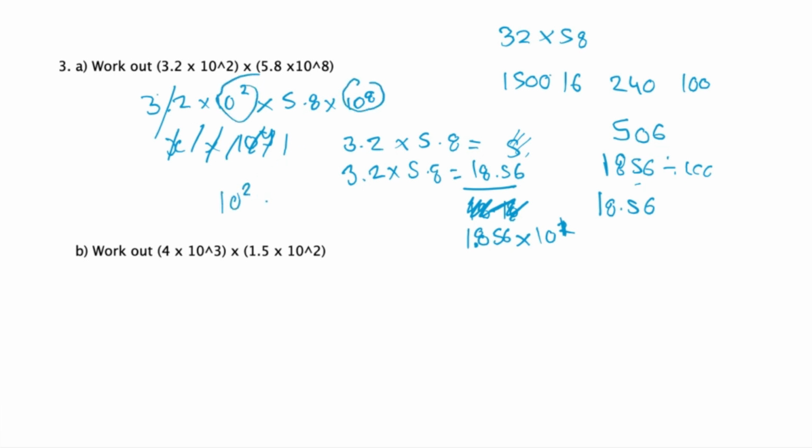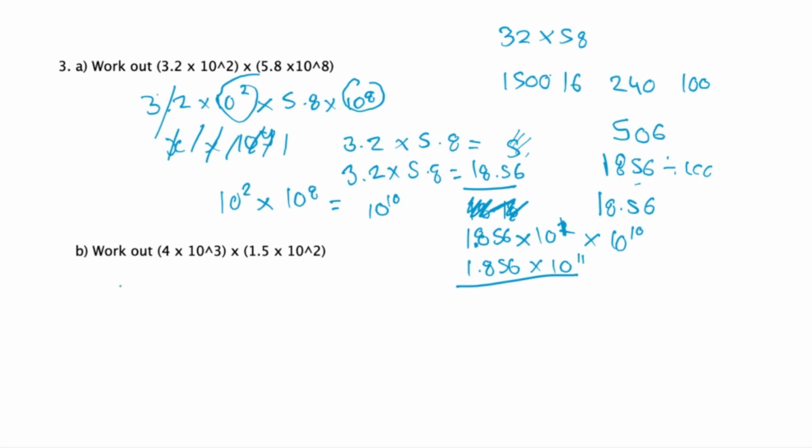So 10 to the power of 2 times 10 to the power of 8 is 10 to the power of 10. When you're multiplying powers together with the same number, in this case 10, you add the indices. So it becomes 10 to the power of 10. Then you add that 1: 1.856 times 10 to the power of 11. 1 plus 10 equals 11. This is your answer.